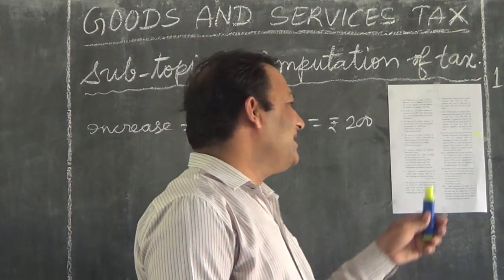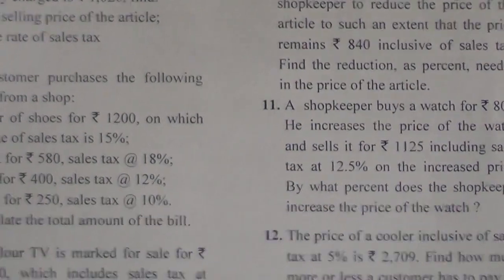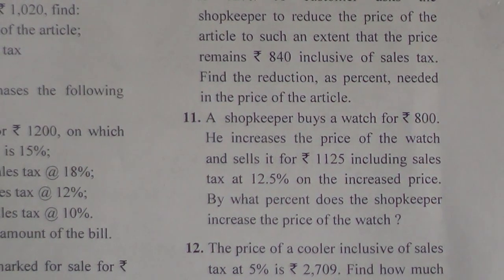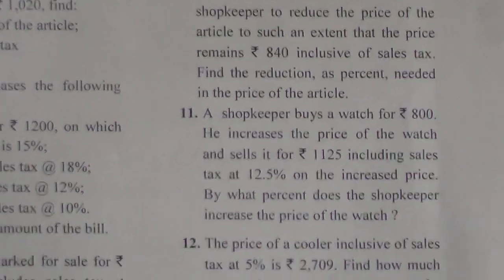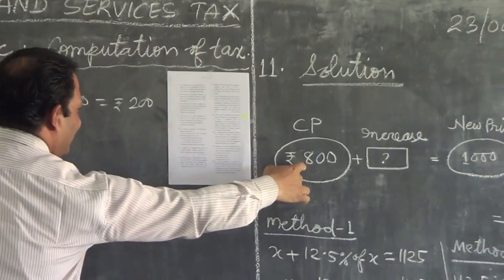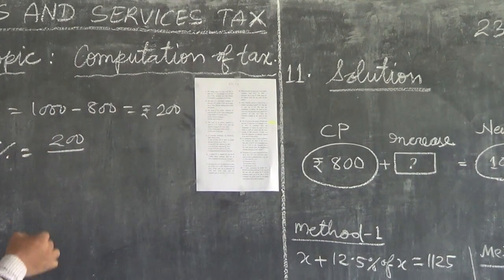And question is saying what percent does the shopkeeper increase? Percentage of increase. So increase percent equal to increase, that is 200 by original price, because he increased this cost price.